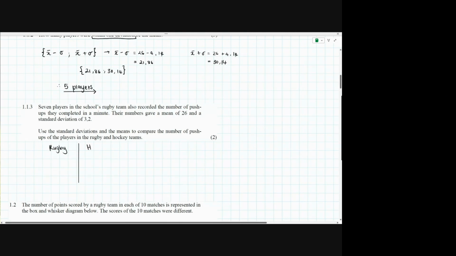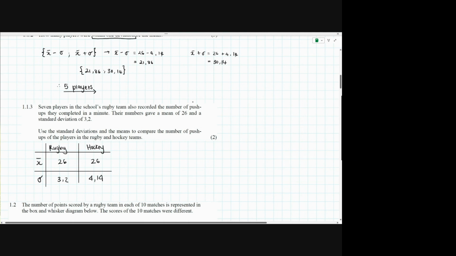We have rugby, we have hockey. The only reason I'm doing this is so we can start to compare. We have the mean and the standard deviation. Rugby: they've given us that the average is 26 and the standard deviation 3,2. Hockey: the average we also worked out to be 26, but the standard deviation is 4,14.